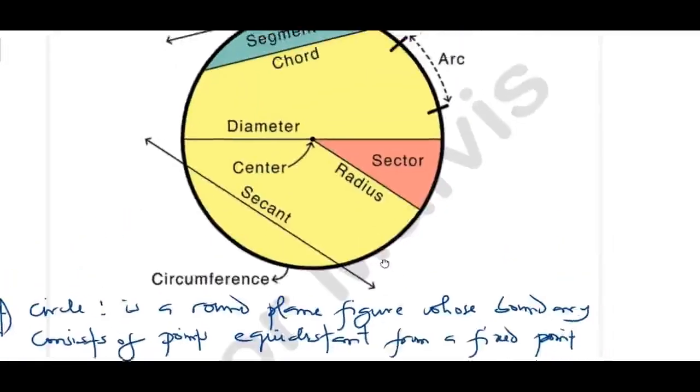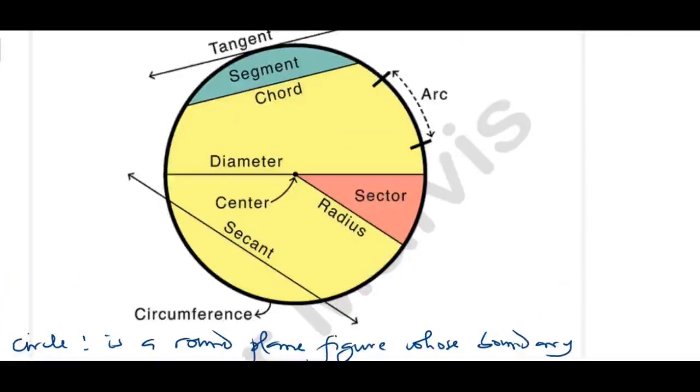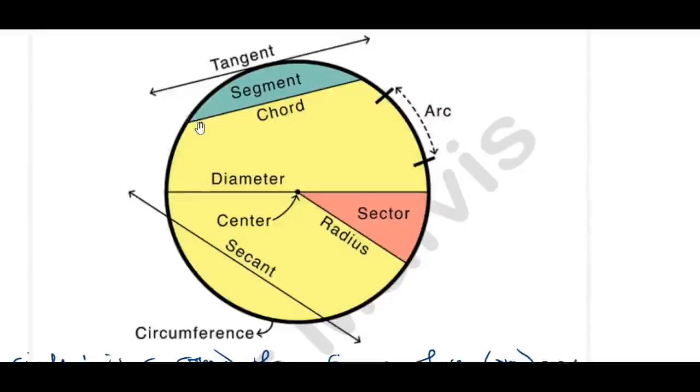Okay, now, so let's look at this. This borderline is the circumference of the circle.